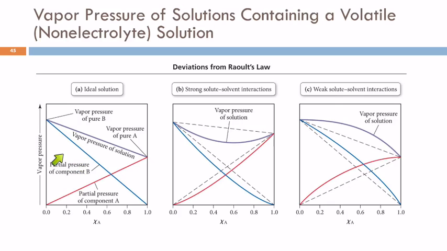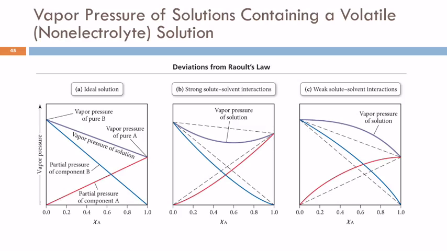And so in an ideal solution, you just take this pressure plus this pressure at any given mole fraction, and you can predict what the vapor pressure of the whole solution is. If we have strong solute-solvent interactions, then that is going to reduce the vapor pressure of each component in the middle.